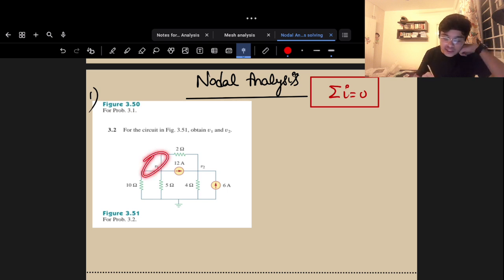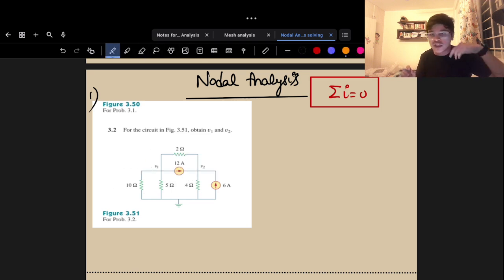But since they have already given me this V1 and V2, I have to assume these two as the names. Otherwise, I would have taken this as V2 and this as V1. But since the question is asking me to take this particular name convention, I will use that.